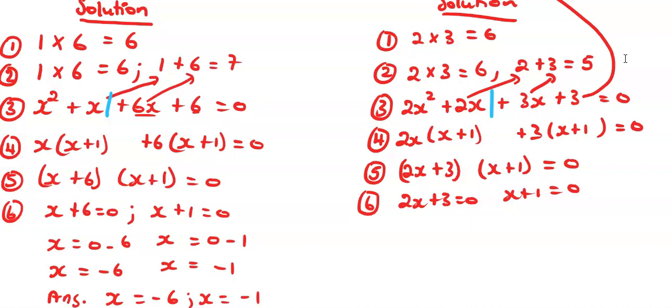So 2x is equal to 0 take away 3, so 2x is equal to negative 3. We're going to divide both sides by 2 so we can get the x by itself: negative 3 divided by 2.